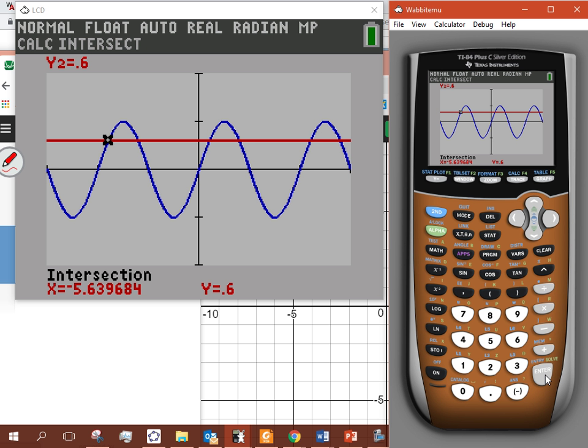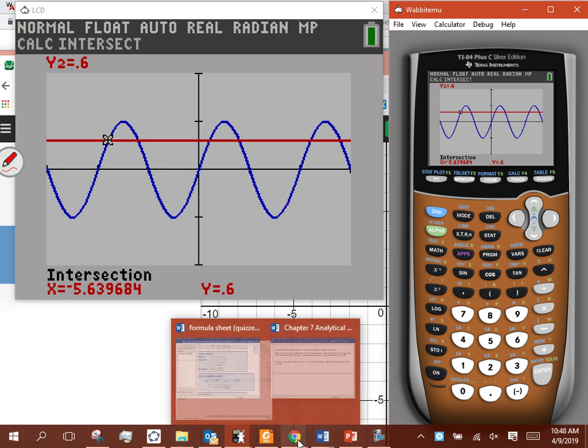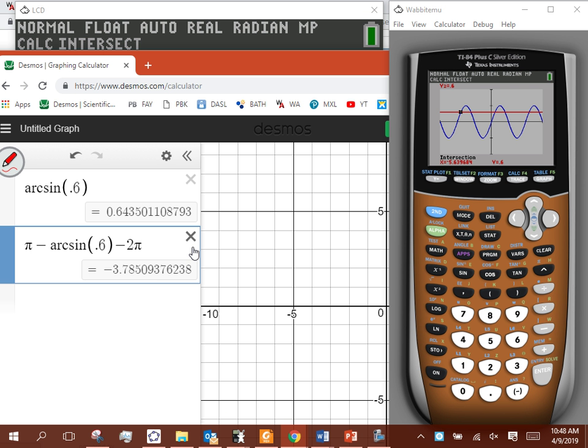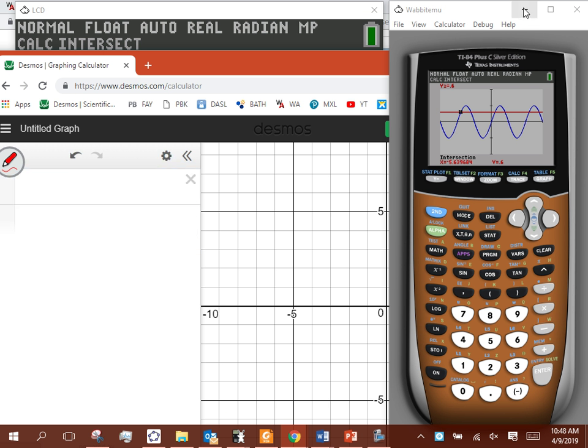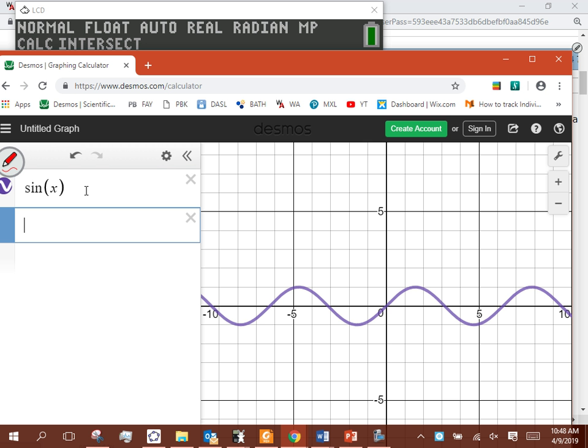All right. I actually think, that's fast, but I'm allowing you to use this. What if I did this? Sine of x, 0.6. I got to put y equals 0.6.